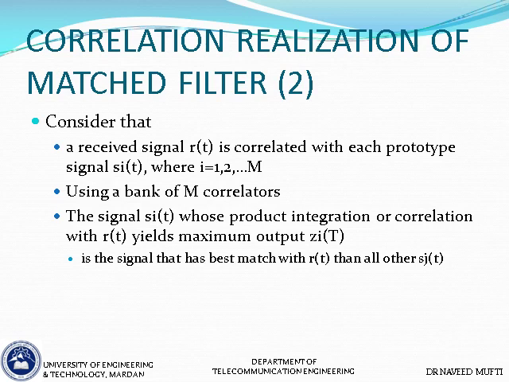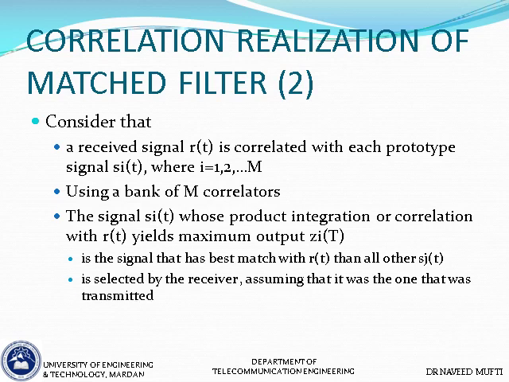So one will have the best, or the maximum, value, and that is the one selected by the receiver, assuming that it was the one that was transmitted. So it performs a correlation with all the prototypes, and based on the maximum value of the correlation, it selects that one and assumes that was the one that was transmitted.